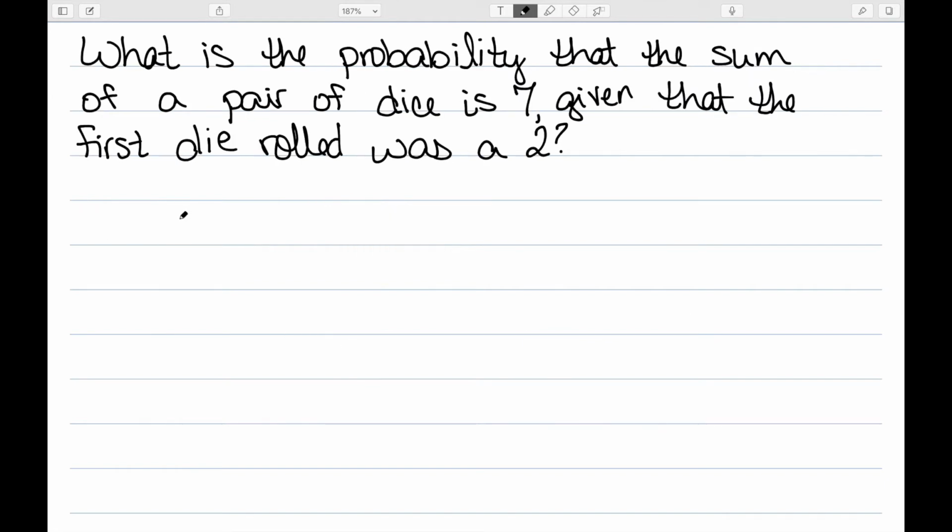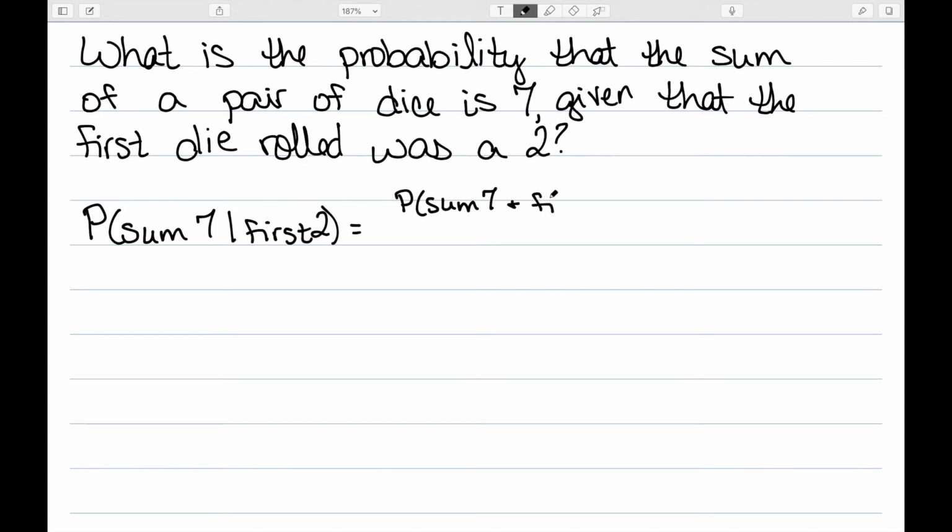What's the probability that the sum of a pair of dice is 7, given that the first die rolled was a 2? So I want to know the chance they add up to 7, given that the first one was a 2. Well, the rule says first the probability of both: sum of 7 and we rolled the first one as a 2, divided by the thing that we know, the probability that the first die is a 2. Well, if we think of the probability of rolling a 7 and the first die being a 2, so we have 2 possible dice.